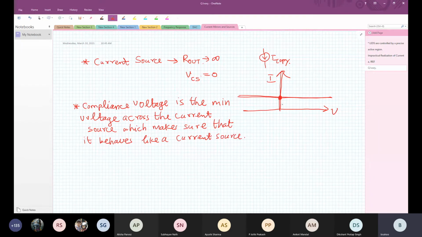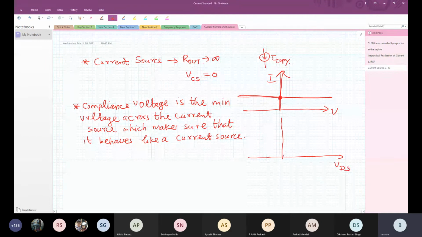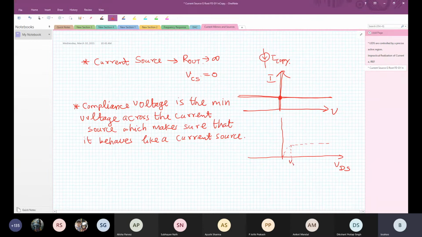Now if I draw the VI characteristic of a MOSFET, that means I'll draw VDS. It will behave like a current source only at VD-SAT. And you know exactly what VD-SAT is; other names for it are overdrive voltage or effective voltage. So it is not flat like this. You need a minimum voltage across VDS, and this is the current flowing through the transistor.